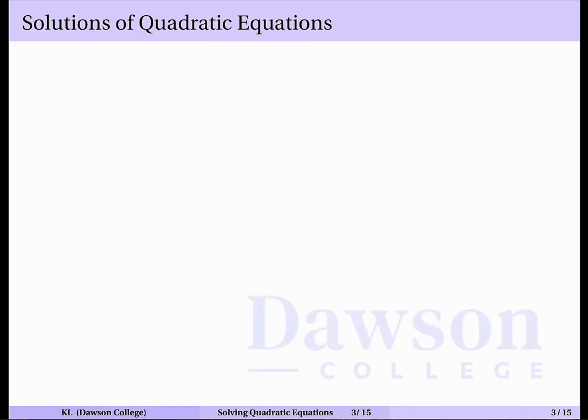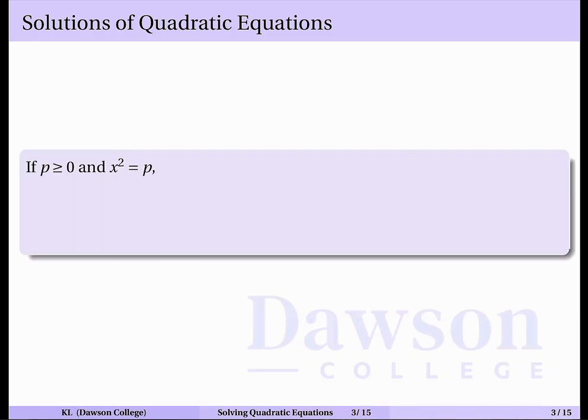Now, let us find some ways on how to solve these quadratic equations. Let's start with the most basic quadratic equation. Suppose we have p greater than or equal to 0, and you get the equation x squared equals p.